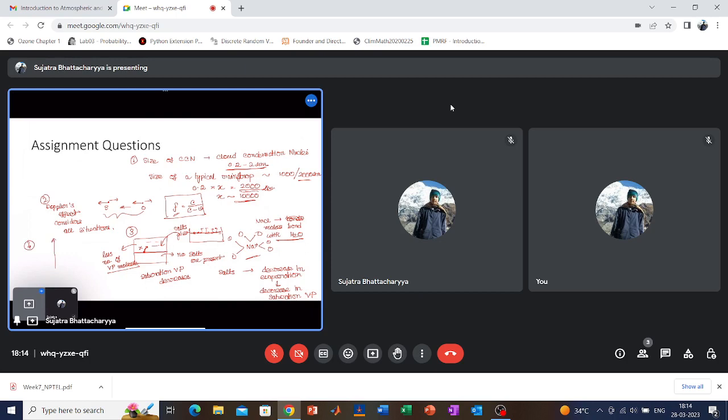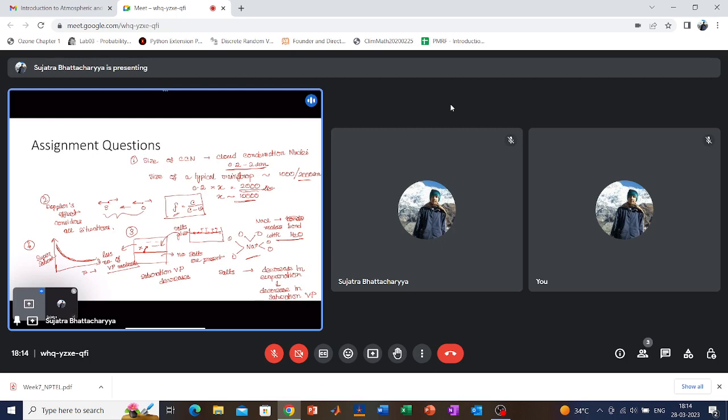See, what is the curvature effect? This is the supersaturation. Remember the curve, Kelvin's equation. And this is R. So the radius is decreasing here, and the radius is increasing here. The more the radius increases, the more this effect diminishes.